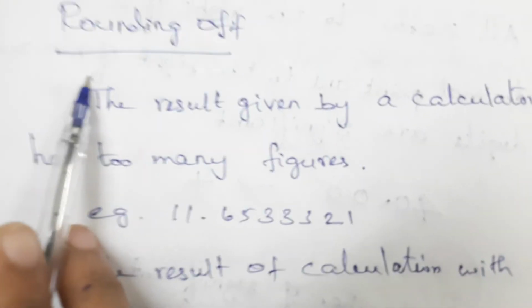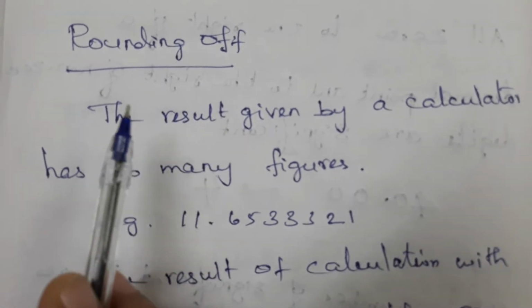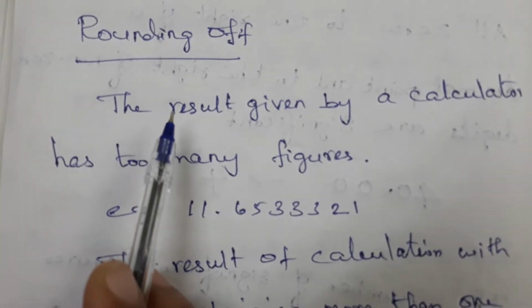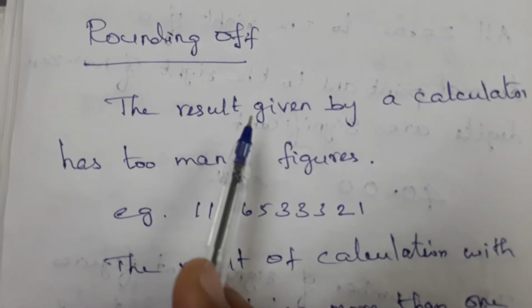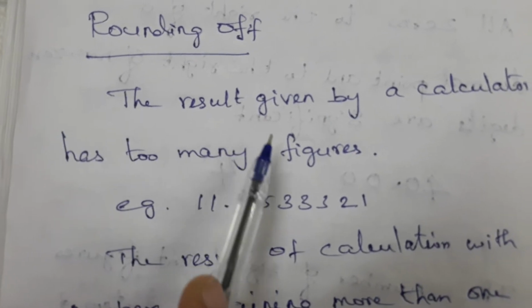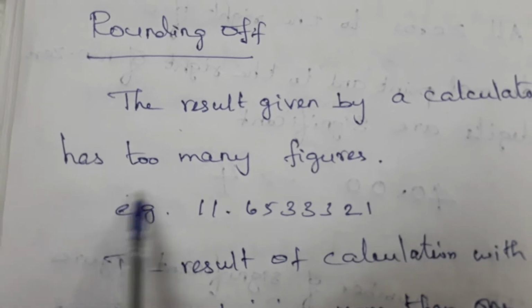The next one is rounding off. Nowadays we are using calculators for doing calculations. When you do the calculations, the calculators may display so many figures. The result given by a calculation has too many figures.